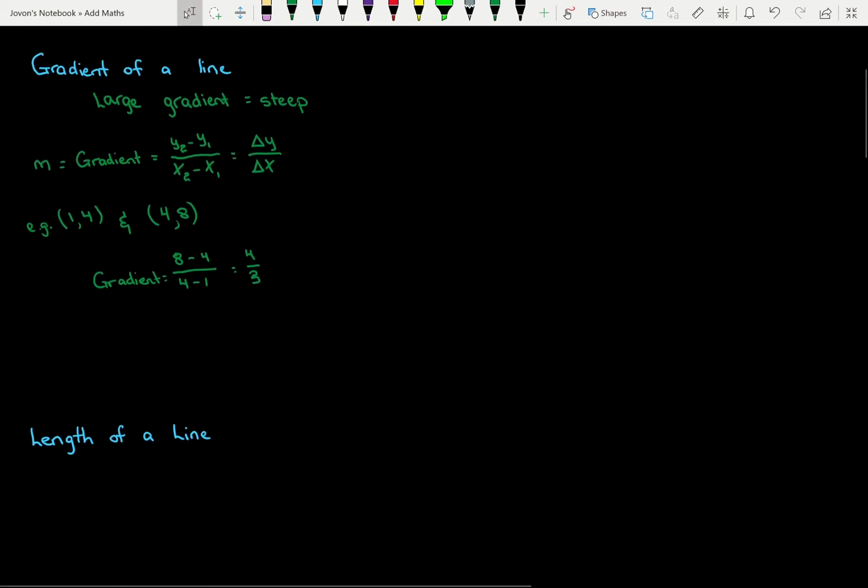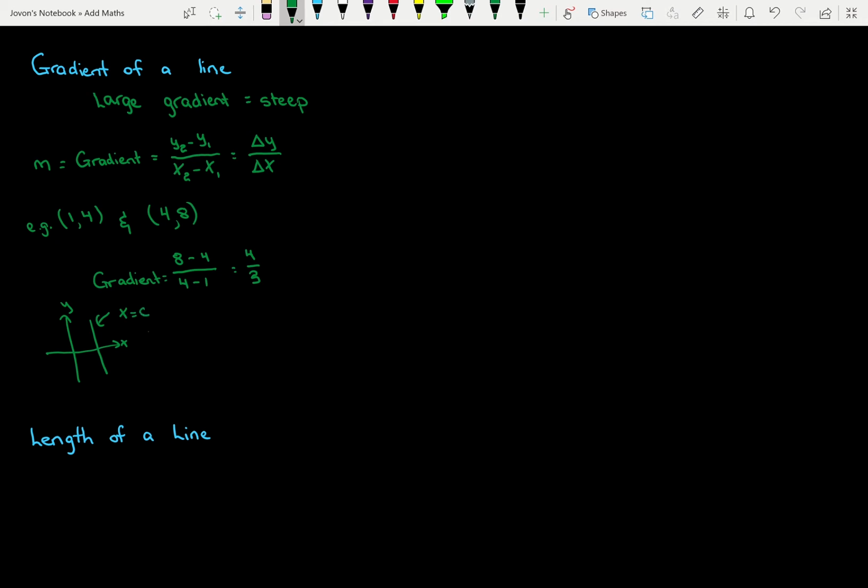Now some things to note. Let's say this is our y and this is our x, and we had a line here, right? This line would be given by the equation x is equal to c, where c is some constant value.